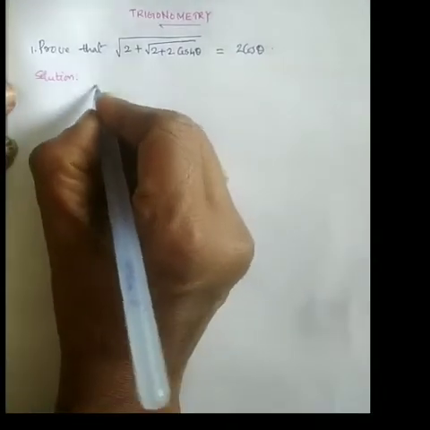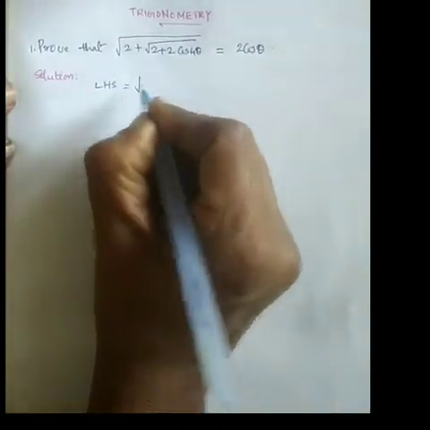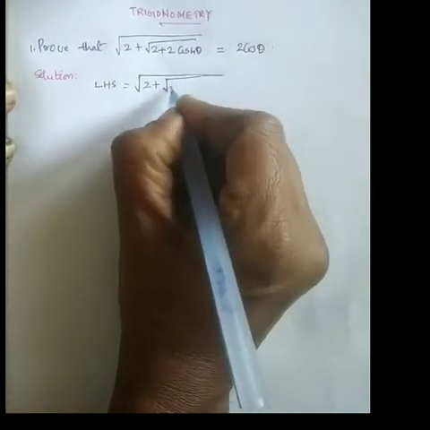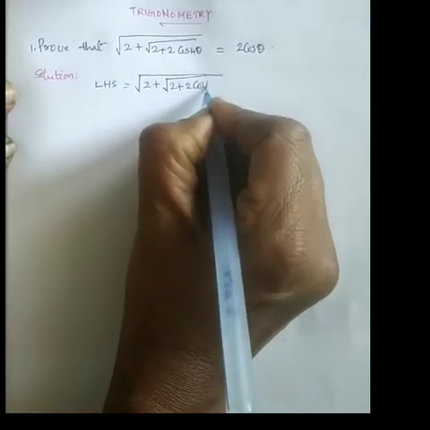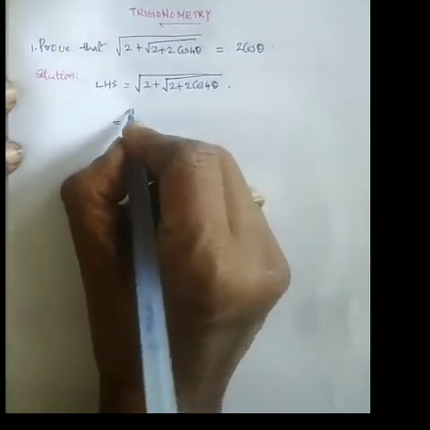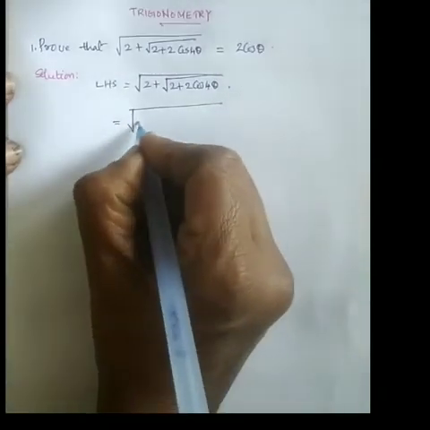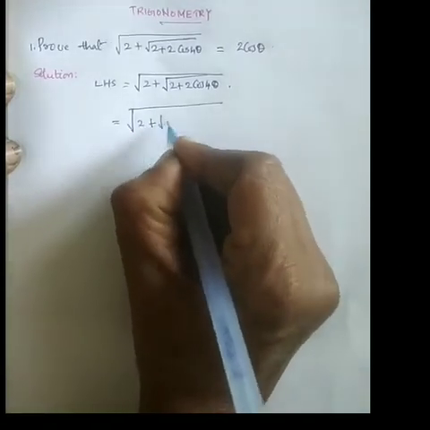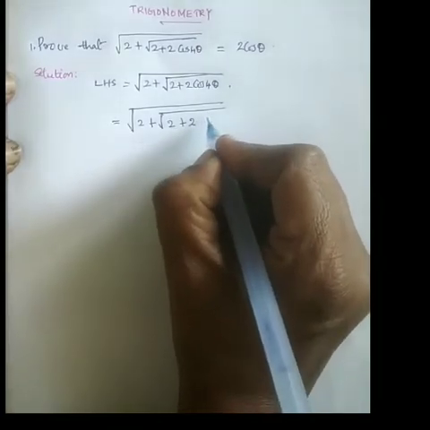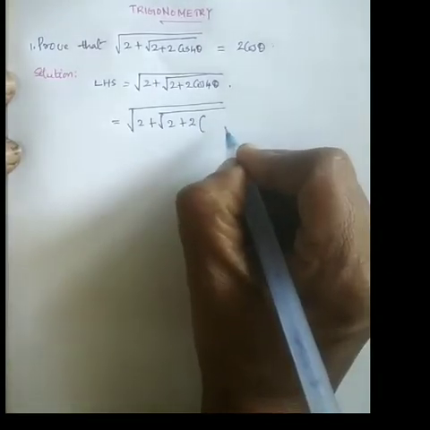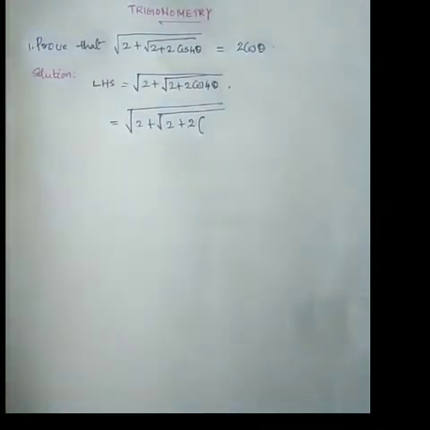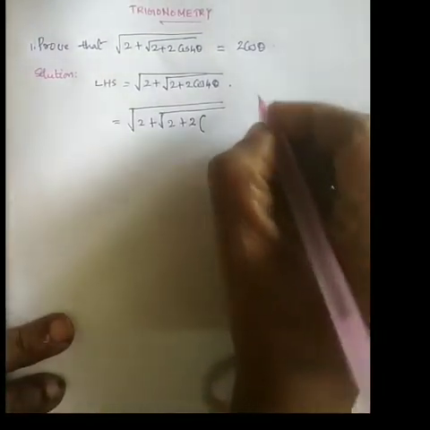First take the LHS. Here the LHS is square root of 2 plus square root of 2 plus 2 cos 4 theta, which equals square root of 2 plus square root of 2 plus 2 into... We know that cos 2 theta is 2 cos square theta minus 1.